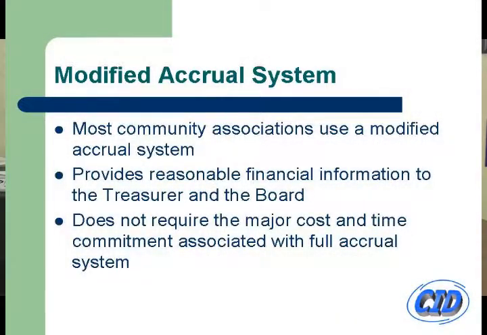However, as I mentioned, most associations use just the modified accrual system. That's kind of using a little bit of both. You have reasonable financial information that is generated and available to you and the treasurer and to the board. And it does not require the major cost and time commitment associated with a full accrual system, because that can be very time consuming.